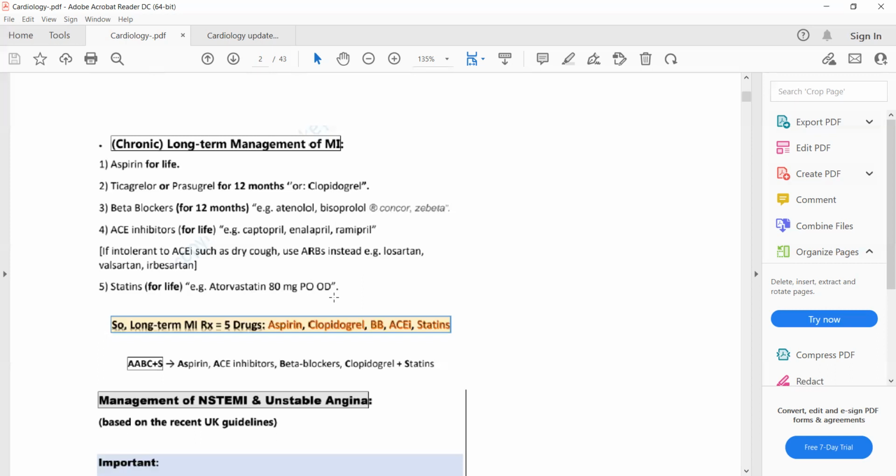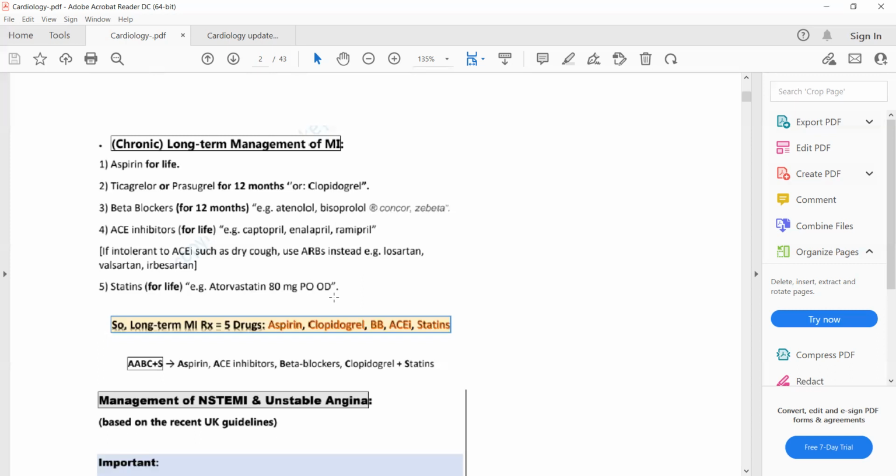ACE inhibitors such as captopril, enalapril, or ramipril will be given for life. And statins: atorvastatin 80 milligram is the recommended dose. This will also be given for life.